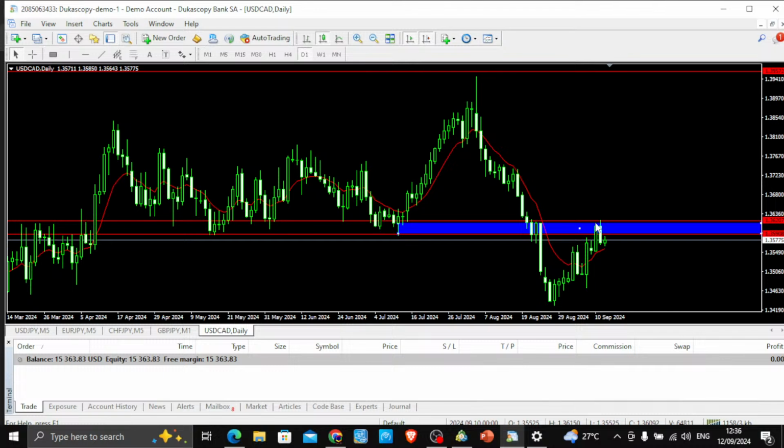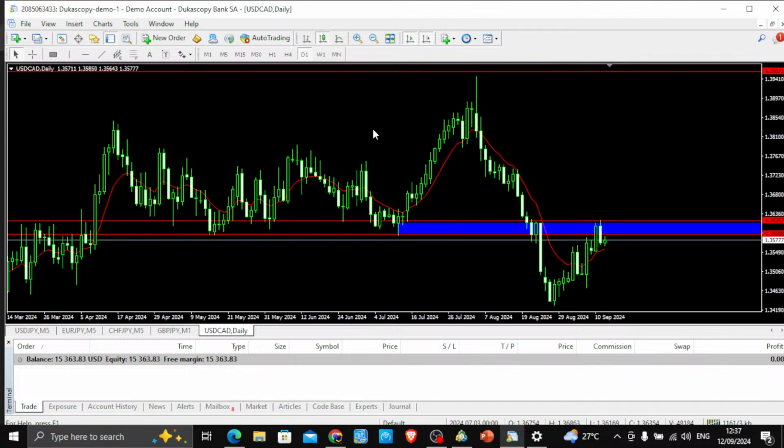This candle had a little rejection, it moved up and was rejected entirely. So buying here is a big problem until here gives way.